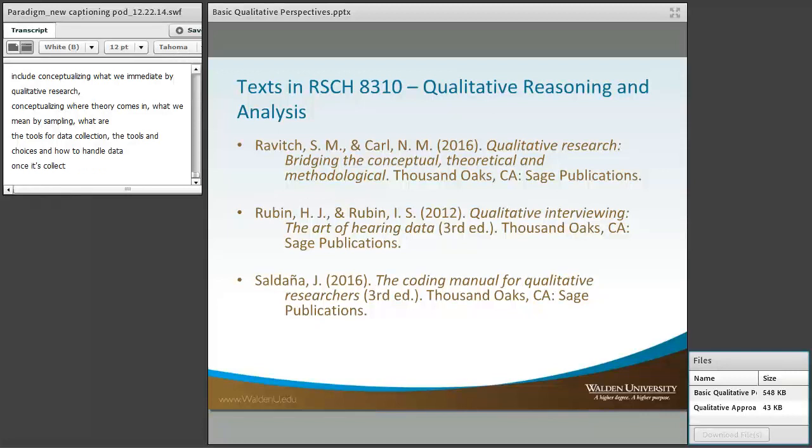The Ravitch and Carl, Rubin and Rubin, and Saldana textbooks all focus on basic skills, which for the most part can be applied to some of the other approaches as well. They give students in the 8310, the first qualitative research course they take in the PhD and EdD programs, a good grounding in the basic skills and techniques.